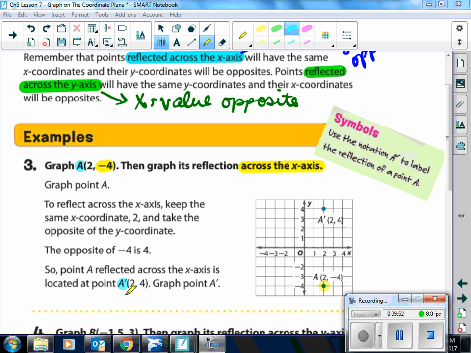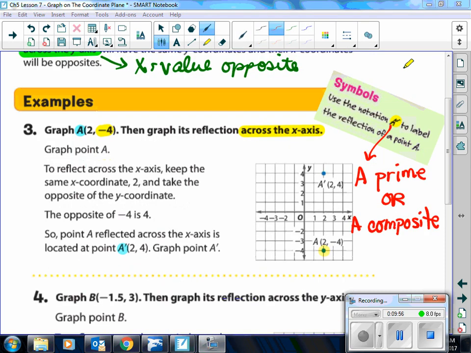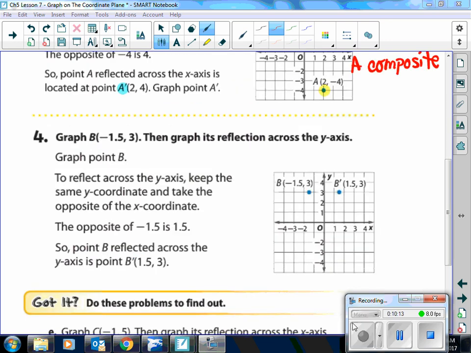Is everybody clear? It's A prime or A composite. Let's write that down. All right, so this notation right up here with A with the apostrophe on it is a notation to signify the reflection of point A. And you will hear me refer to it as A prime or A composite.